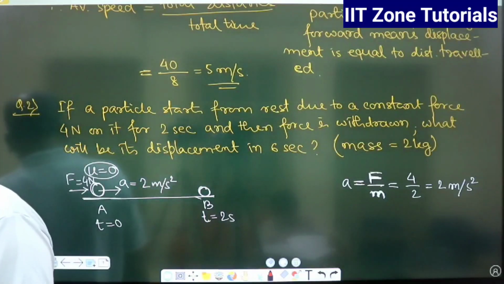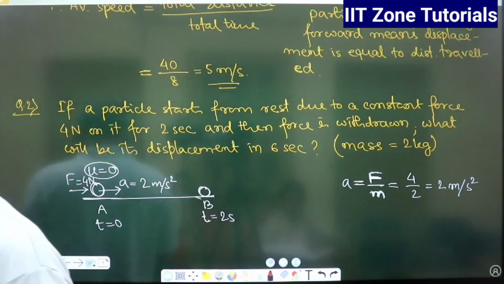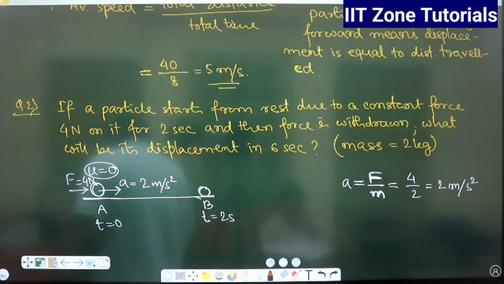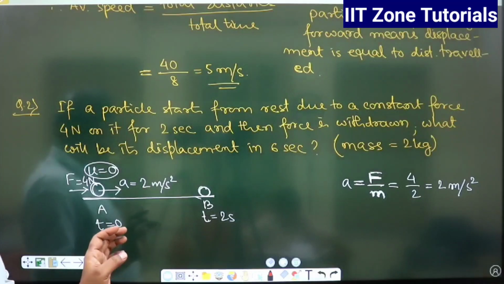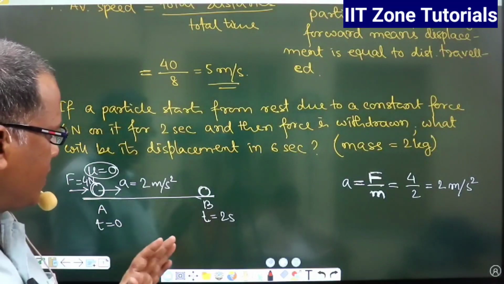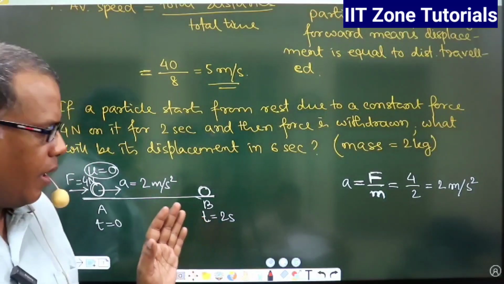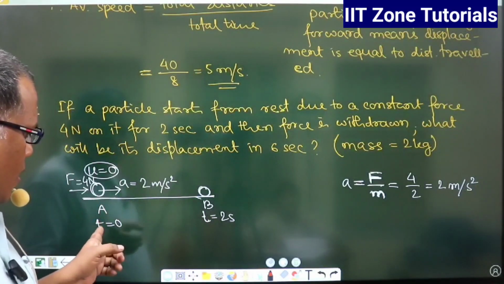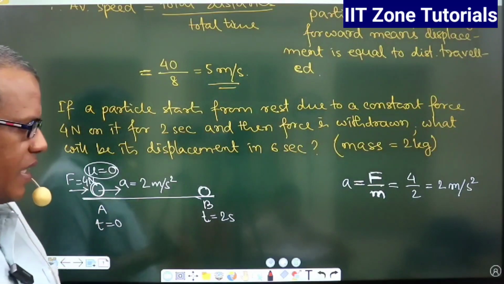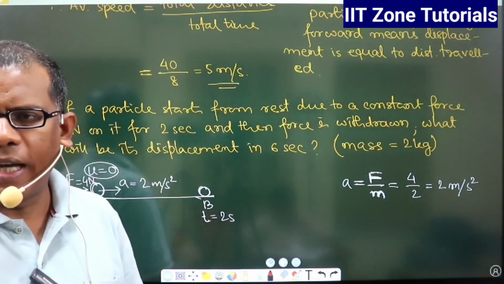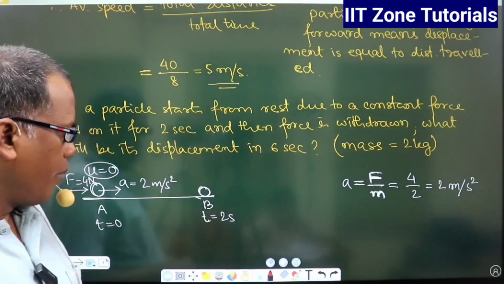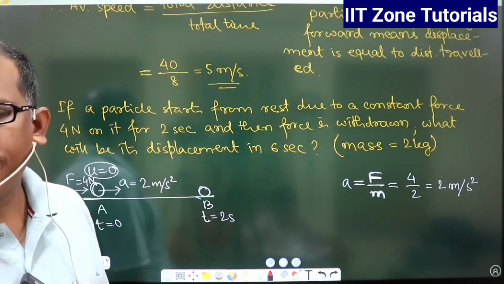So first calculate that velocity, and that will help you know how far it will move in the next 4 seconds, provided the particle begins from t equal to 0 with initial velocity 0 under the acceleration we have calculated as 2 meter per second square.